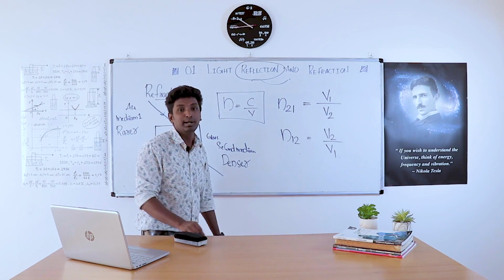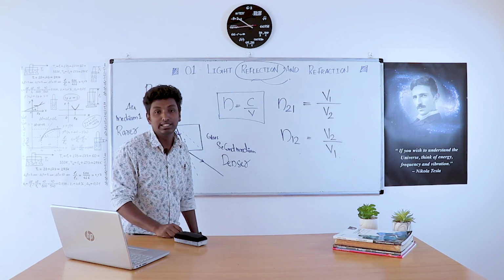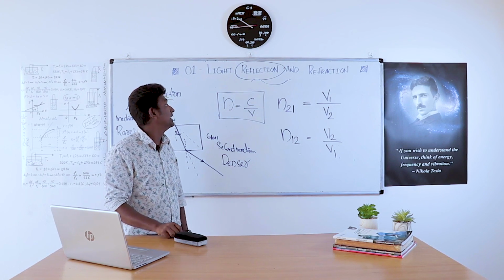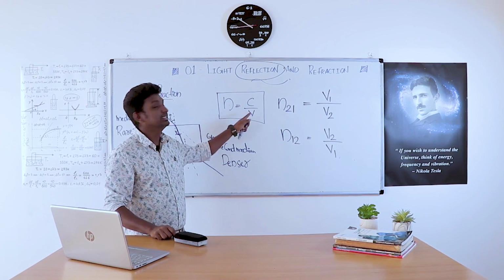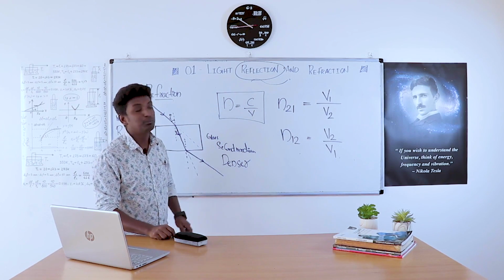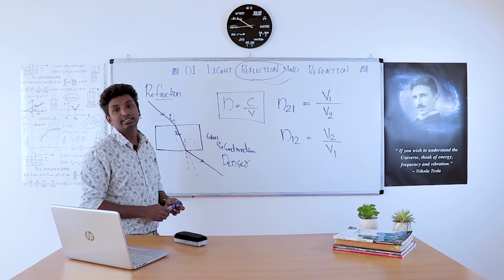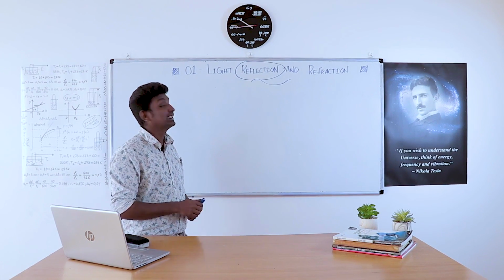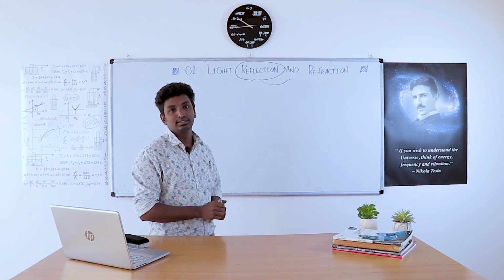So N is equal to C by V, where N is the absolute refractive index. Okay, clear? The next topic we are going to discuss is refraction through spherical lens.